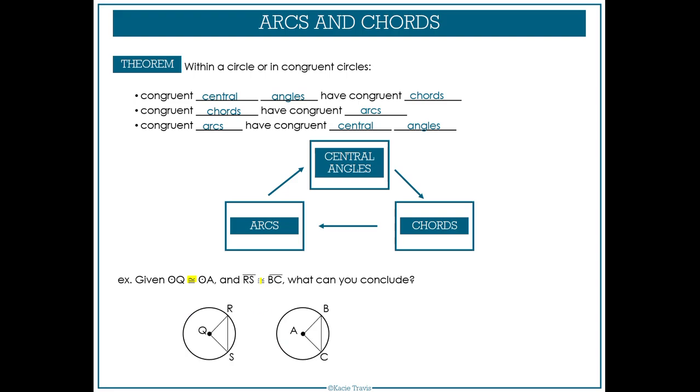Along with this, they give us another set of congruent parts. RS is congruent to BC. So let's go through and make sure we're aware. This whole circle here on Q is congruent to this whole circle here on A.